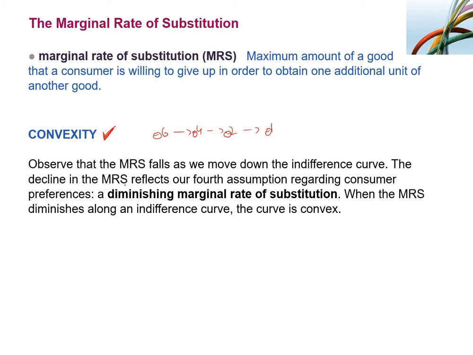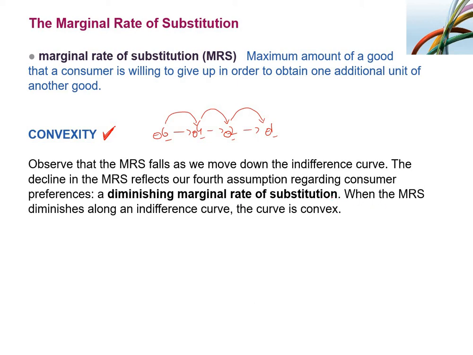The decline in the marginal rate of substitution reflects our fourth assumption regarding consumer preferences, which is a diminishing marginal rate of substitution, that the marginal rate of substitution is diminishing. First it was 6, now it is 4, and now it has become 2, and from 2 it has become 1. So the marginal rate of substitution is diminishing.